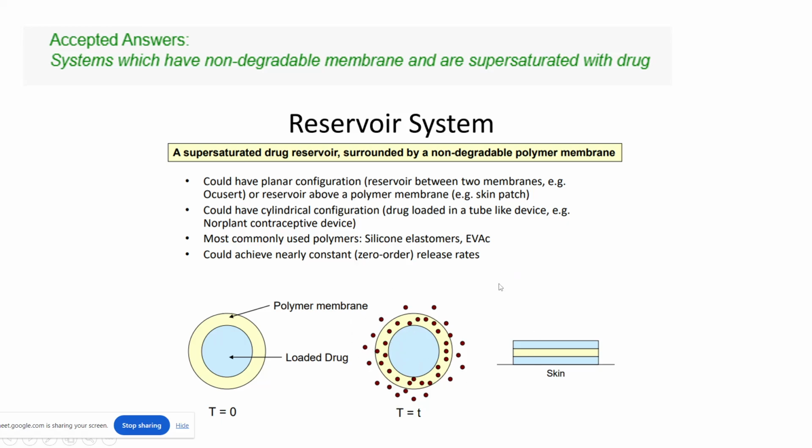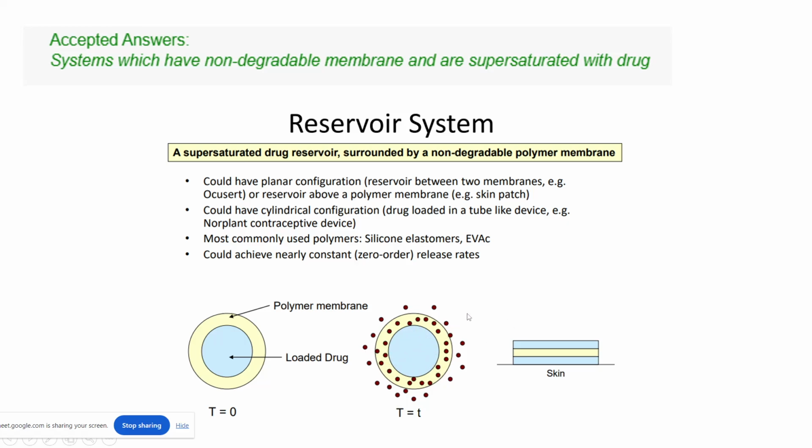Since the outer side would have a low concentration of the drug, there will be diffusion from inside to outside at a constant rate. So you are constantly delivering the drug. But over time it will stop, right? Over time it will get over. As I said, it's diffusion. Since it is supersaturated, it's a very high concentration inside.